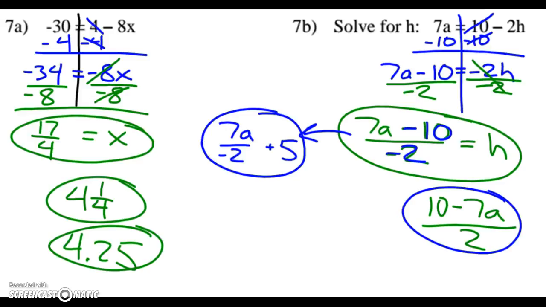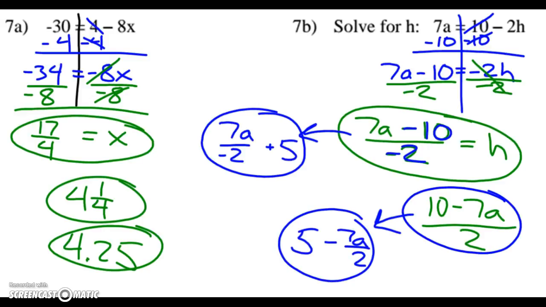You do that with this one as well. 10 divided by 2 is 5 minus 7a over 2. All sorts of options. You could even turn 7 over 2 into a decimal if you wanted to. So it would be 5 minus 3.5a or negative 3.5a plus 5.